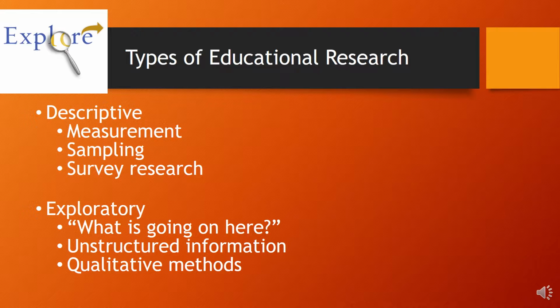This type of research captures a large amount of unstructured information and usually involves qualitative methods. An example of an exploratory question is: how does classroom social context affect a disabled preschool child?